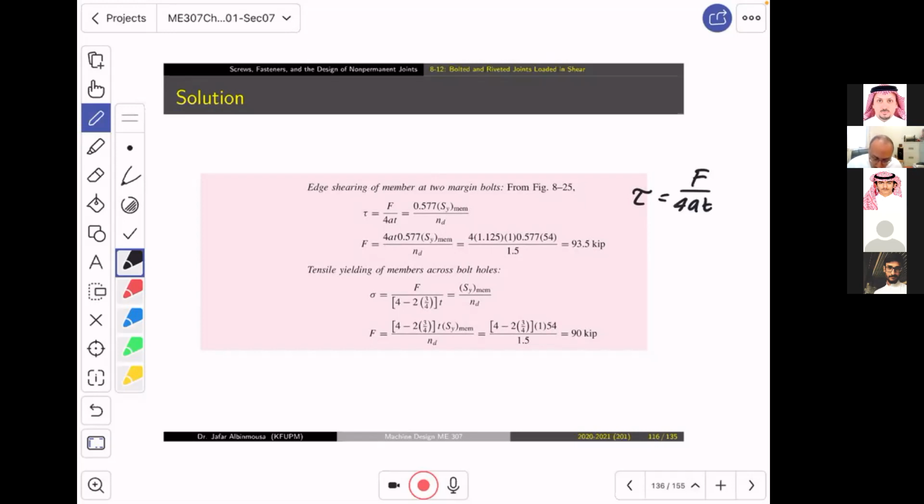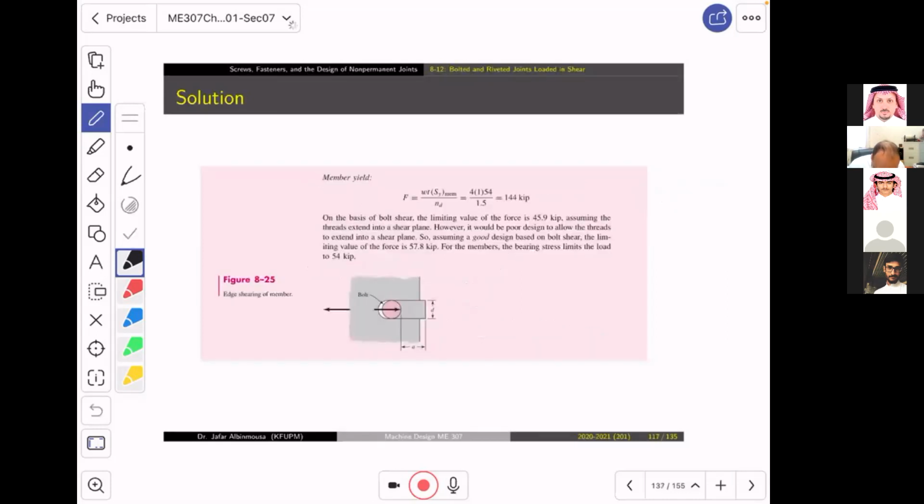What is AT? I will tell you what is AT. And then what is going to shear? When we say edge shearing, it is the member. So we convert the yield stress of the member into a shear stress by multiplying it by 0.577 divided by MD. Now, what is A? A is this, ya shabab.